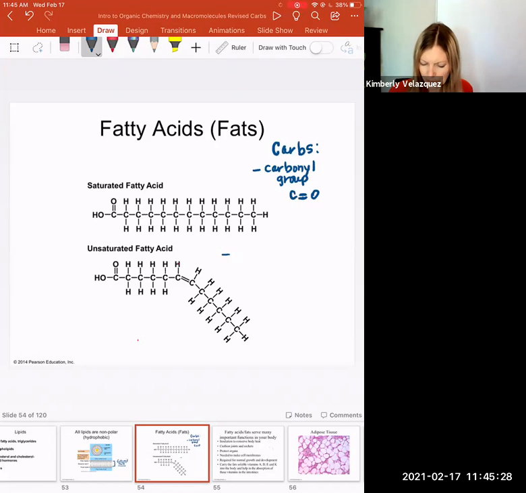And then multiple hydroxyl groups. So those were the two ways that you recognized a carbohydrate.